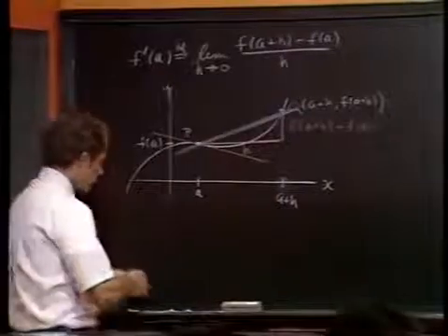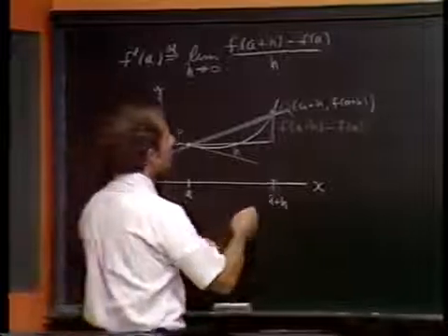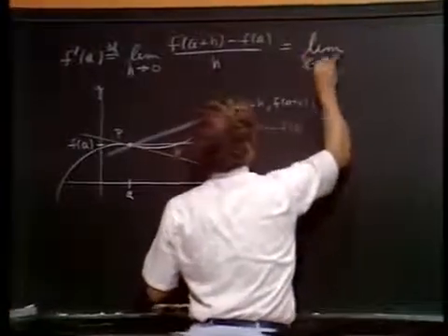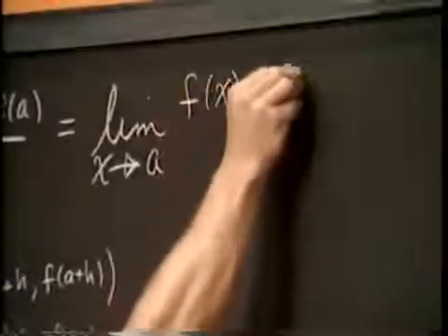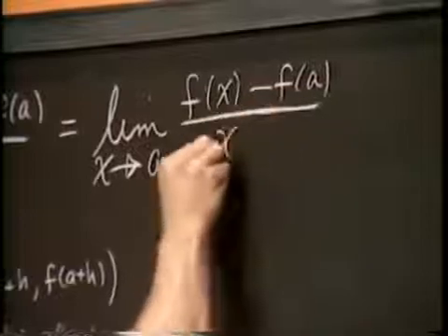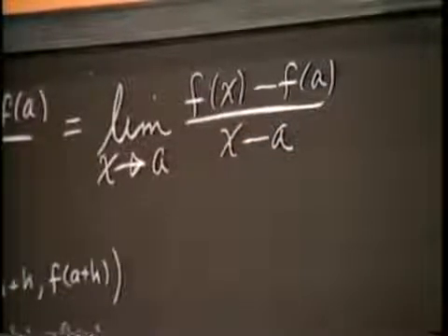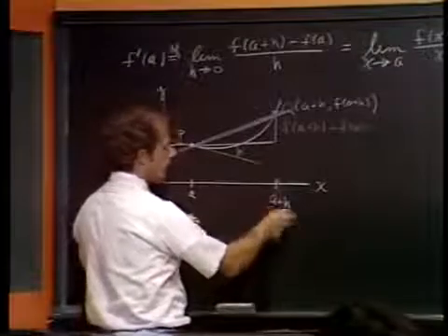Now, the only thing that's different in the so-called theorem that's in the book there, 3.7, is they prefer to write this as follows. Let's write it as the limit as x approaches a of f of x minus f of a over x minus a. It looks different algebraically, but it really is the same thing, because rather than call this a plus h, we're going to call it x.